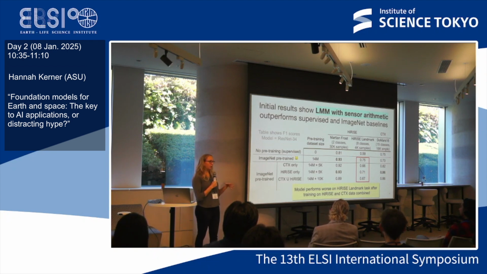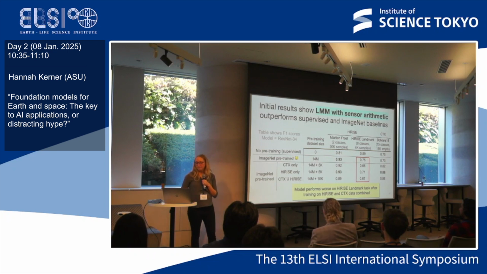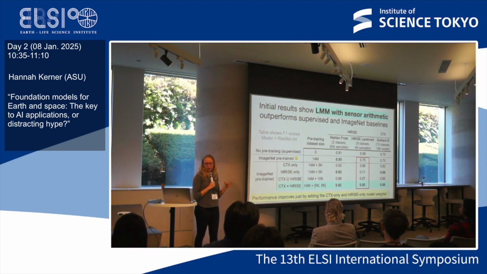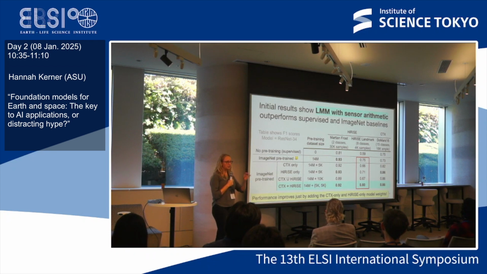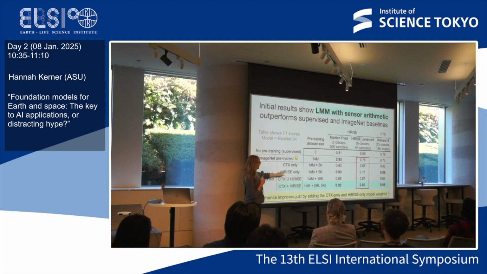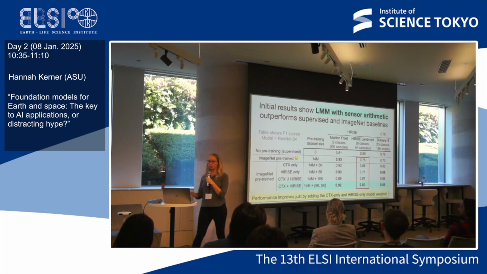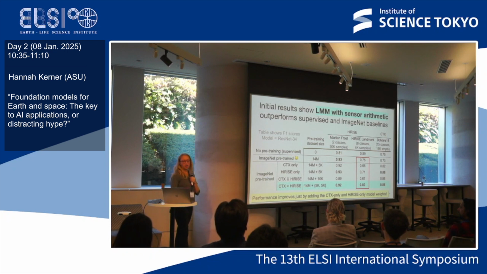And if we train it on both CTX and HiRISE data, it also gets worse. But if we train the model on CTX images and HiRISE images and add those models together, so literally the only difference between these rows here is we've added this plus this, the model coefficients, you get a huge improvement on the performance of those tasks.